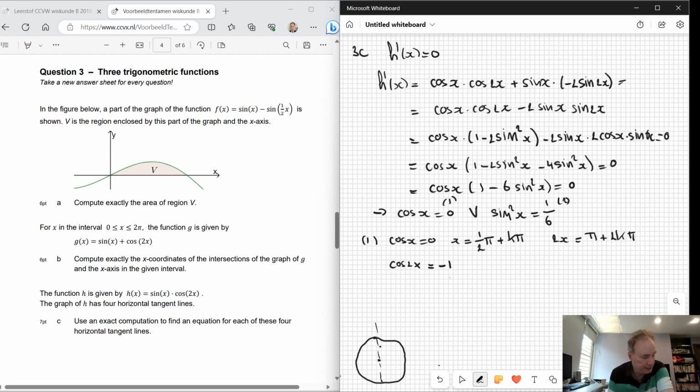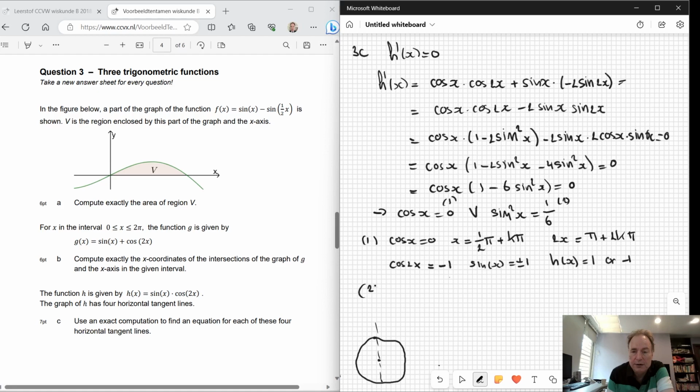And the sine of x is either 1 or -1. So it means basically the h of x is either 1 or -1.